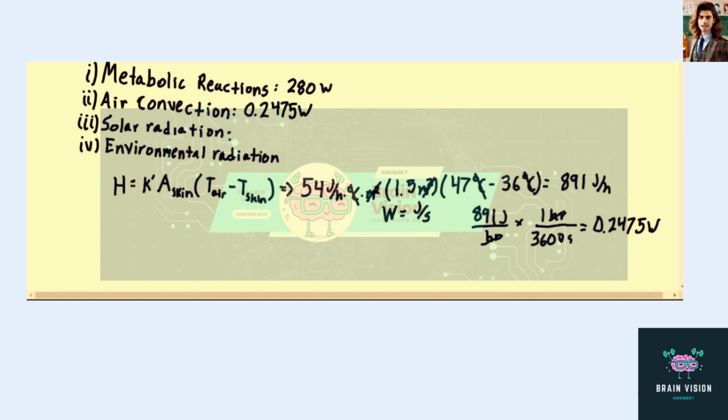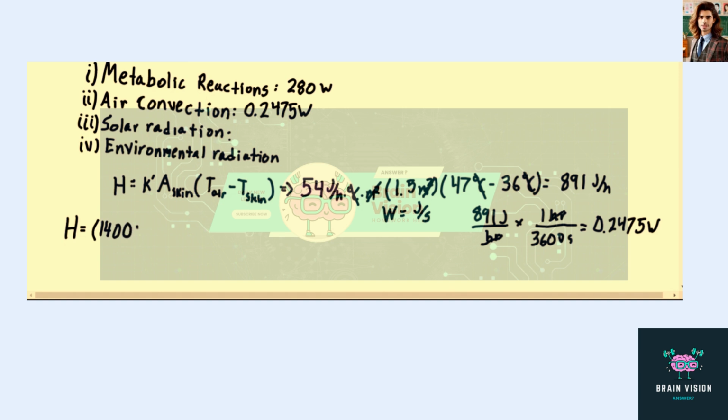Now for solar radiation, all we need to do to find the rate at which the sun heats up the person's skin is take the energy from the sun per meter squared incident on the person's skin.